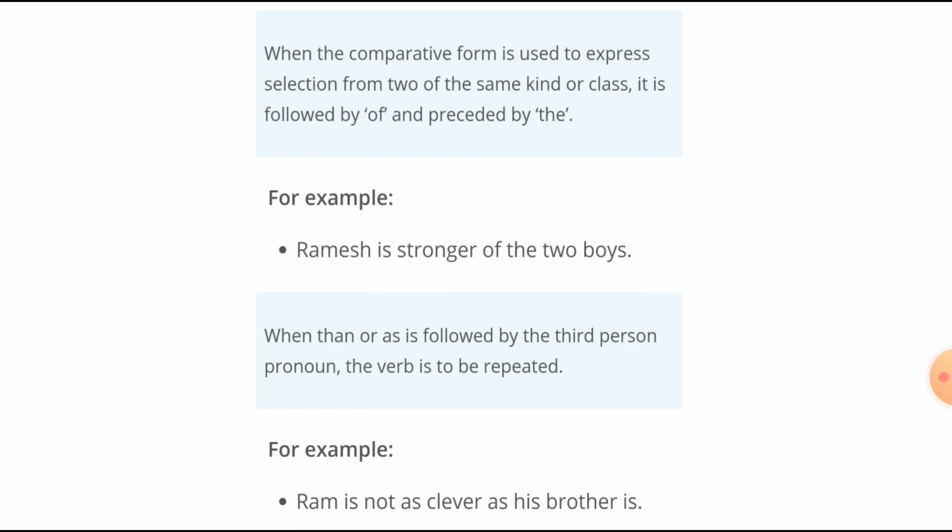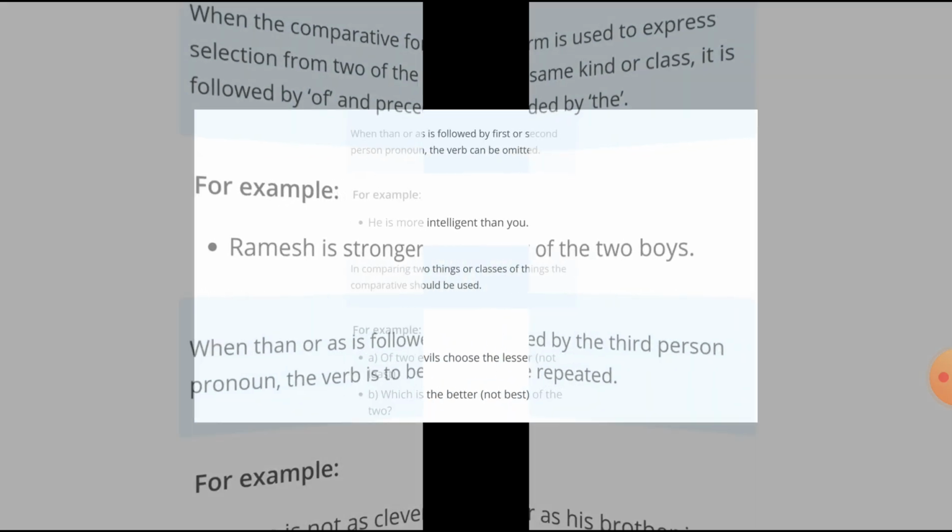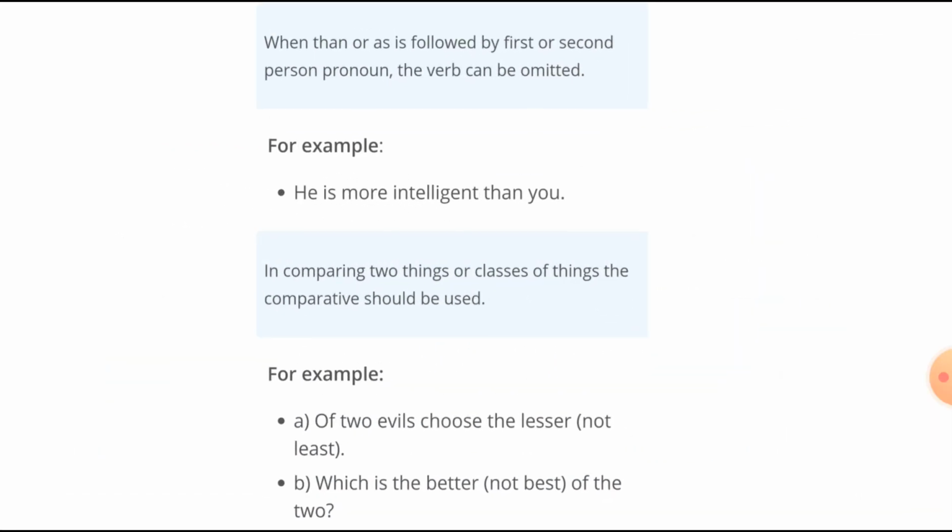For example, Ram is not as clever as his brother is. When than or as is followed by first or second person pronoun, the verb can be omitted. For example, he is more intelligent than you. Here you can see that we have not written are.